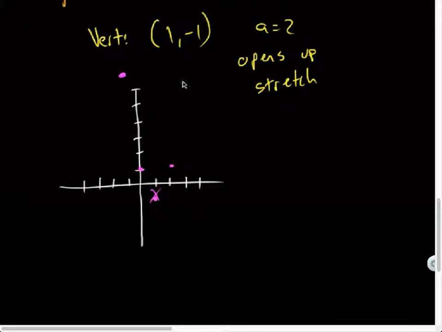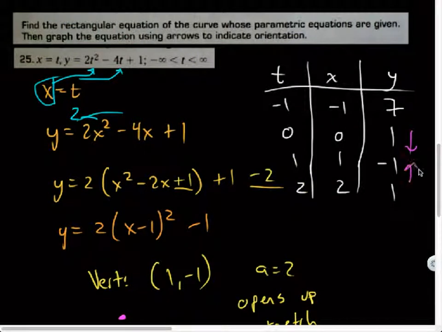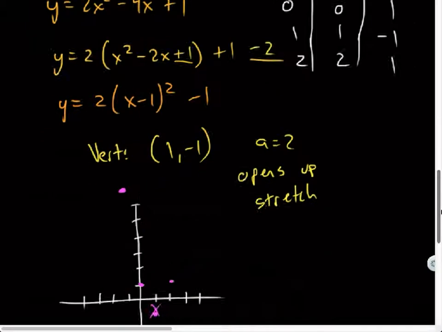So this is my vertex as indicated here. I also noticed a change in direction. It went down and then up. There's only one bend for a parabola.